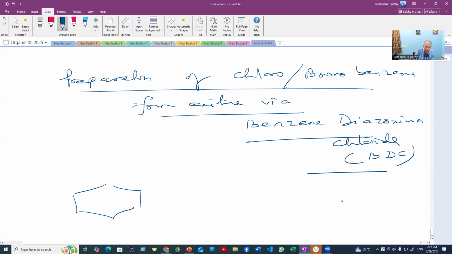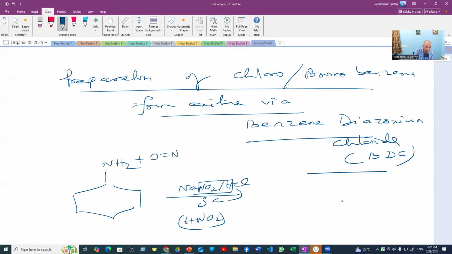Supposing you have an amine, and then you treat it with NaNO2 and HCl at 0 degrees Celsius, which will produce HNO2, nitrous acid, and that will react with this. I'm showing in a very crude way.